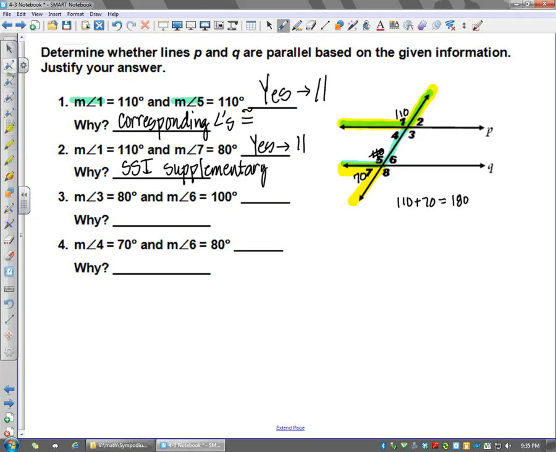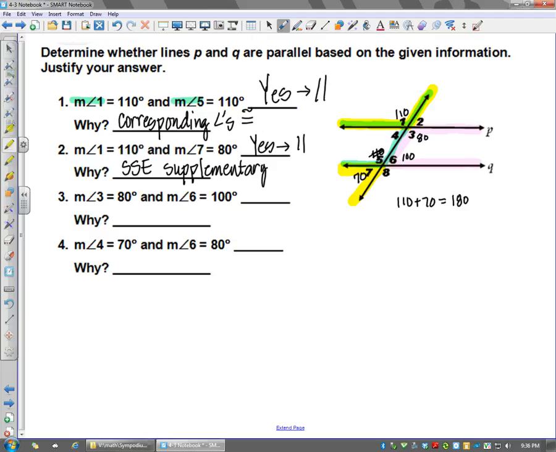All right. Angle 3 and angle 6. Angle 3 is 80. Angle 6 is 100. These are same side exterior angles, but they are supplementary. But in number 3, again, if we trace over the angle, here's angle 3, here's angle 6.